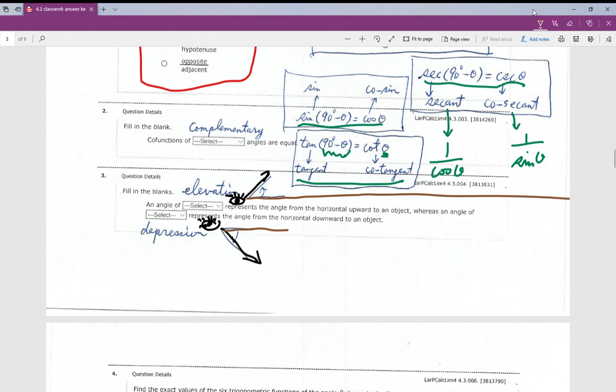When you look up, we say it's elevation. And when you look down, we call it depression. Okay, so just names. We are going to use these two vocabulary words for word problems a lot.